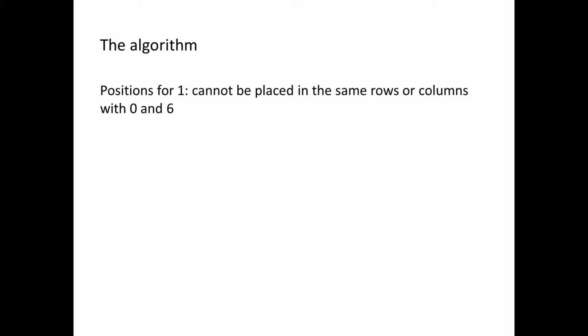We put 0 anywhere except the center, and then find the positions for all numbers in the main diagonal of the natural arrangement. The next step would be the position for 1. 1 can be anywhere except the same row or same column as 0 and 6.